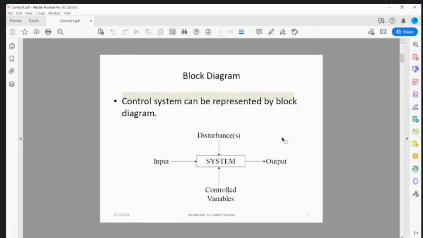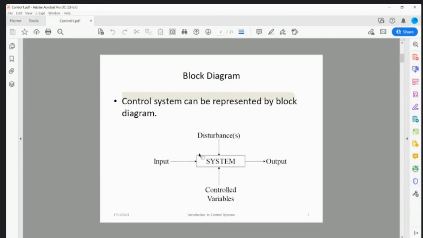Okay, we can understand the flow from the input. Then you can see the flow from the input to the actuator, and then it will actuate the system, and then we provide the output. Okay, so in control system, normally we represent a system using a block diagram.